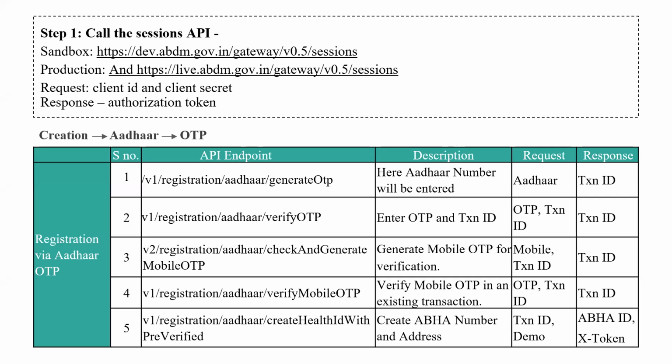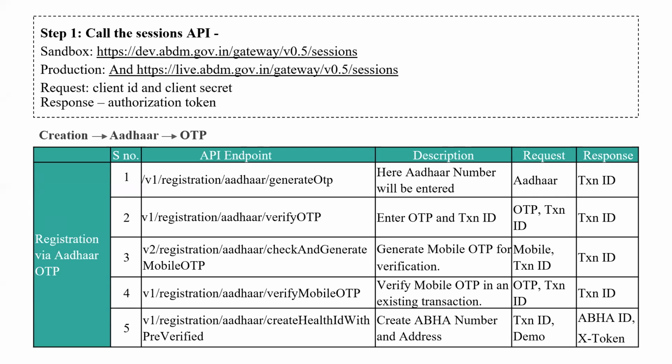The integrator can first call the session API using the client ID and client secret that we have provided them. When you hit the session API, you will receive an authorization token. This authorization token is necessary to use all the other APIs. So this is the first step. Please keep in mind.